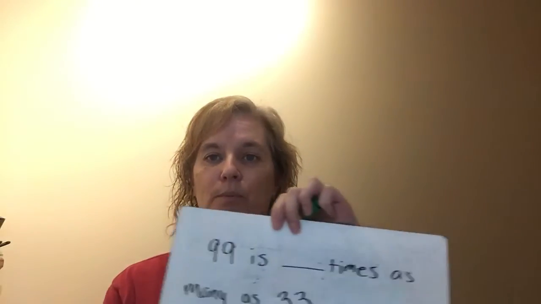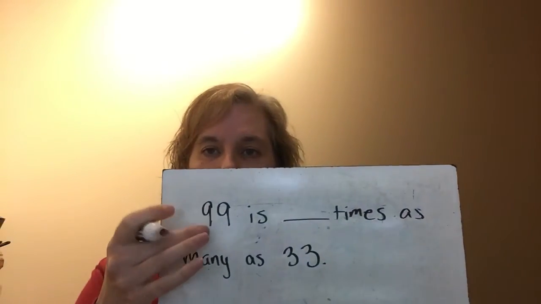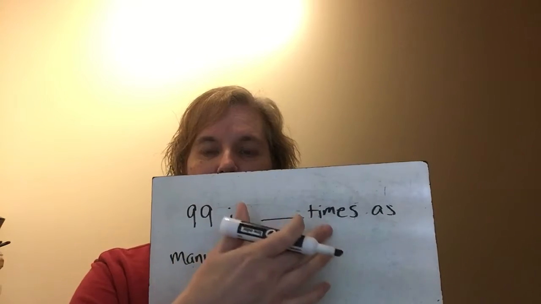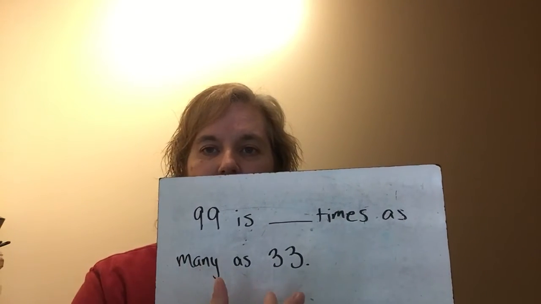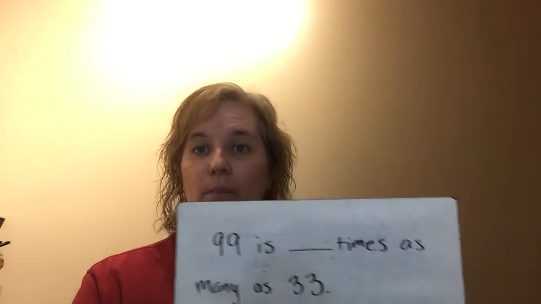Let's look at number 1, A. And they say, at the bake sale, the girl sold 99 cookies and 33 brownies. The cookies were how many times the brownies? So you're given cookies, brownies, you don't know the times. Remember, you're going to start with your big number. 99 is blank times as much as the smaller number.